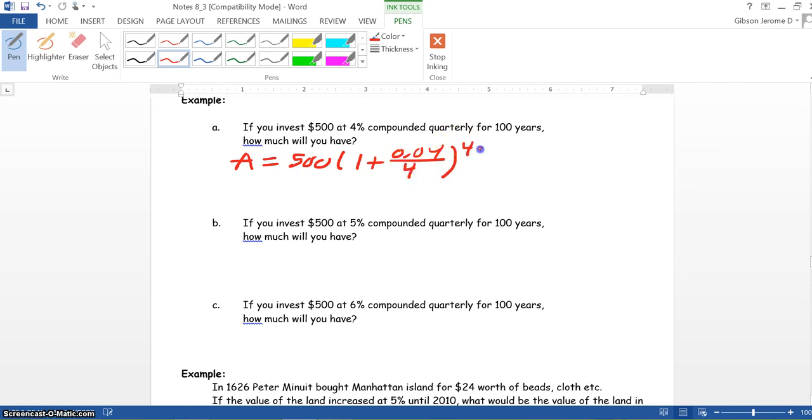Then we will have how many times the interest is collected times the time, 4 times 100. So we have A is equal to 500 times, this will give us 1.01, and then to the 400th power. So our final answer would be A is equal to $26,762.06.